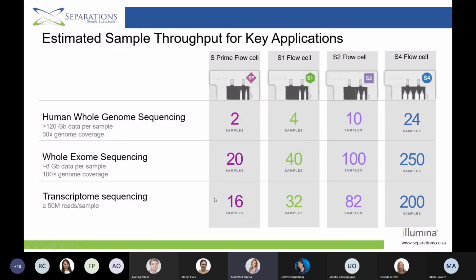And then if we look at transcriptome sequencing, for higher discovery, we generally suggest about 50 million reads per sample, and there it will vary anything between 16 samples and up to 200 samples on the S4 flow cell. And this is, as I said, per flow cell, so you can double these numbers if you were running 2 flow cells in one go.